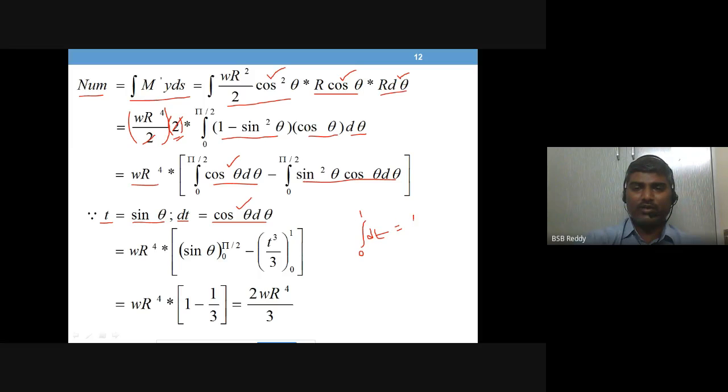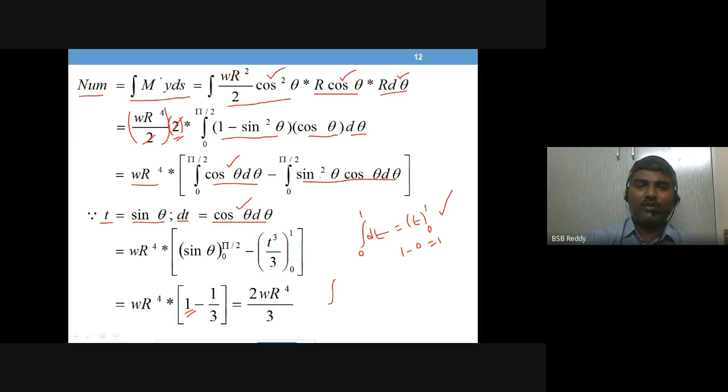Integral dt means t, 0 to 1, so upper limit 1 minus lower limit 0. So what is the value of the first term? It is 1, that you can see here. Right. What about the second term? That was about the first term. Go for the second term.